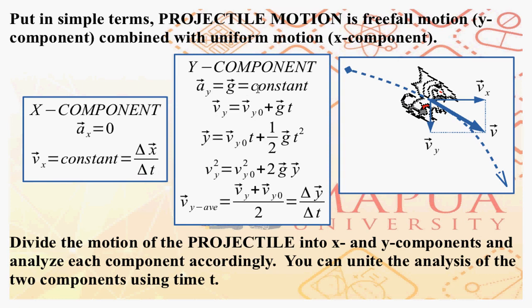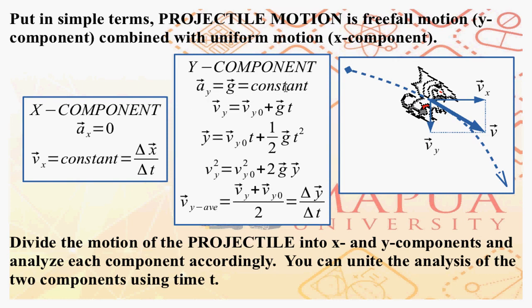If you look at the y component of the motion of the object, you can think of it as tracking the motion of the object along the y-axis. The motion is freefall motion.